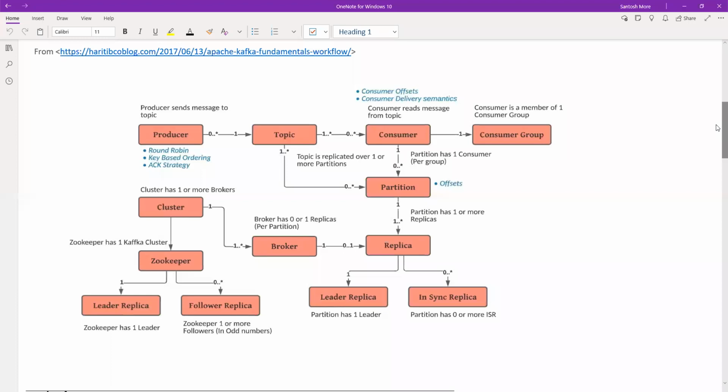But in some cases, a partition can be converted into a topic because we want to partition it again. There might be a way to remove that partition and form a new topic with subpartitions, because there is so much load on a single partition. Why not divide that into different partitions?